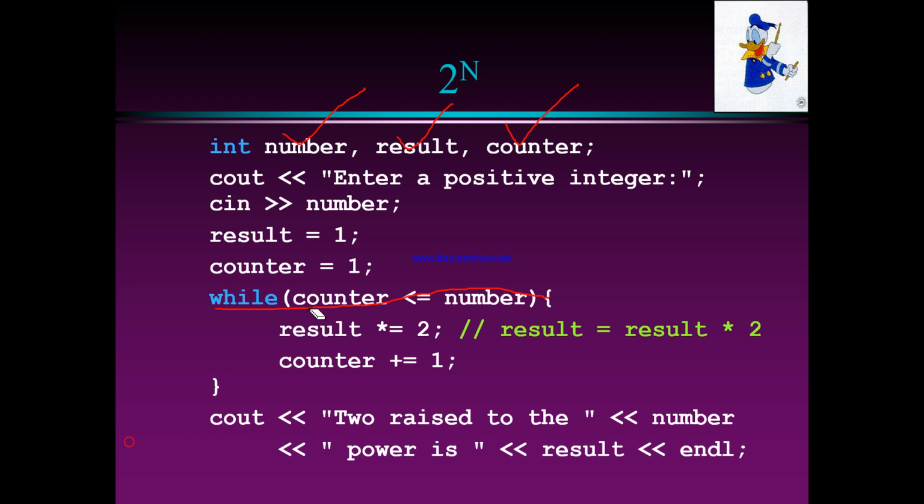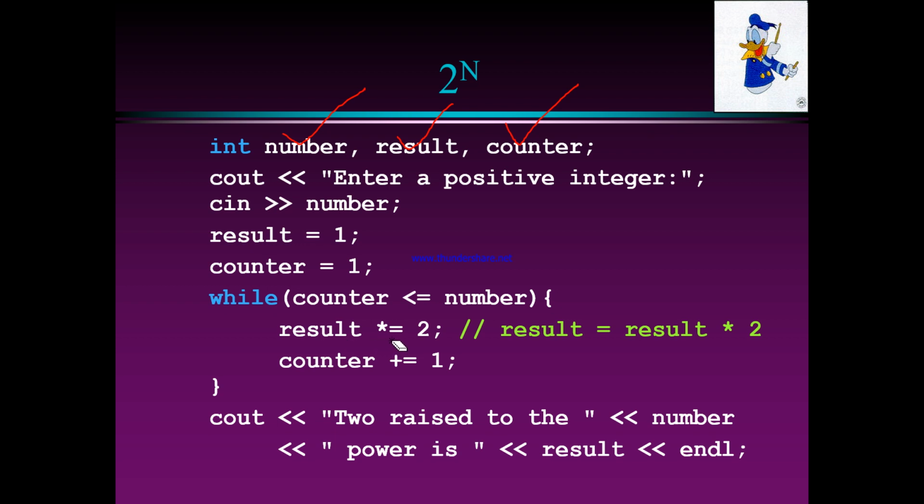Here you can see: count, enter a positive integer. Result is equal to 1 because multiplication is involved, so the result must be equal to 1. Counter is equal to 1, and while the counter variable is less than or equal to number, so number actually represents the power, the n.